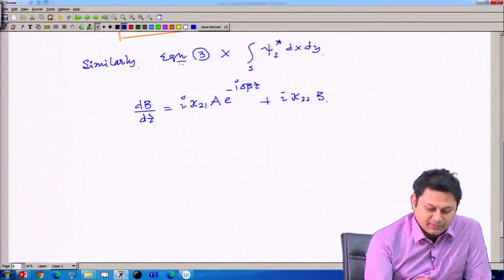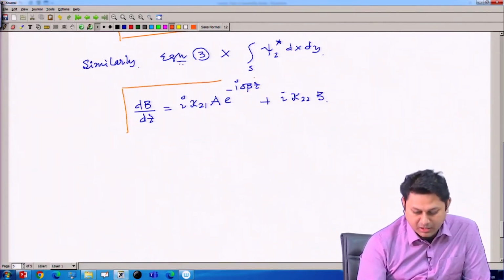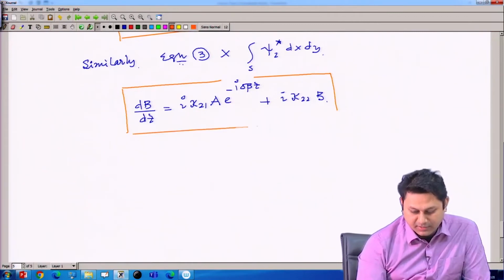This is a differential equation for the other amplitude b. How b is going to change is given here.